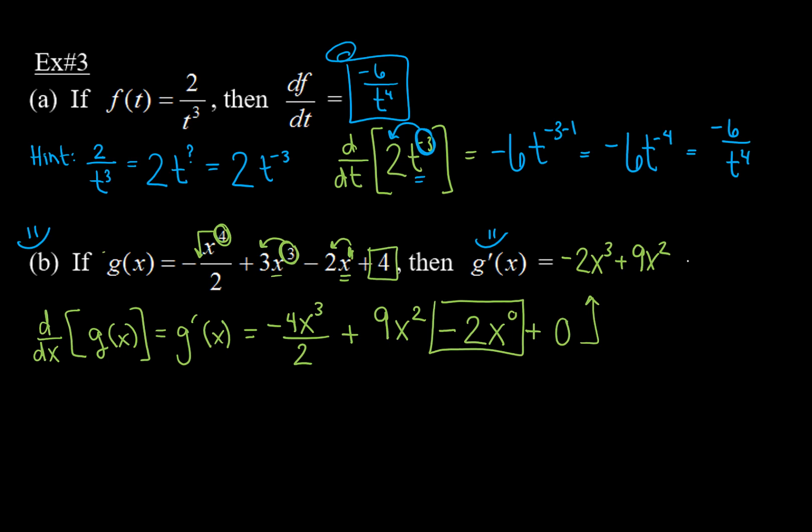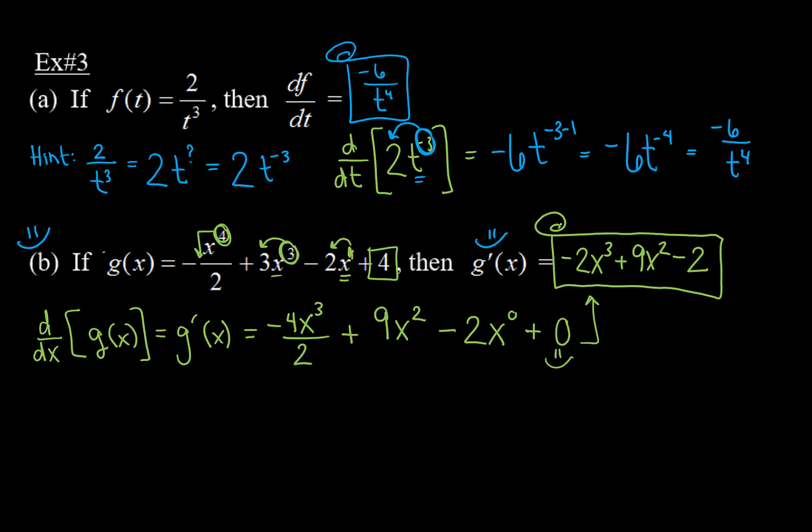That negative 2 times x to the 0 is just like saying negative 2. And then for the plus 0, I don't have to write that. Everything is plus 0. We don't include that, do we? Nope. Well, so my derivative of this function is going to be negative 2x cubed plus 9x squared minus 2.